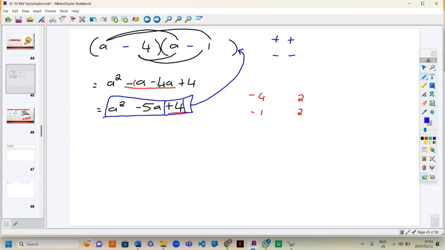When I added them, I got a negative 5a. Can you see that this sign over here is the same as the signs inside my bracket? If this was positive, both of those would be positive. This is negative, so both of those are negative.